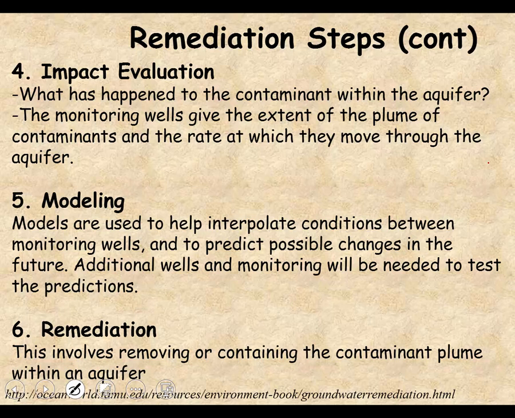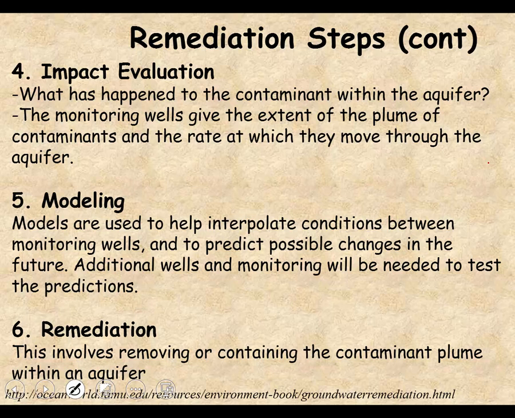Once you've figured out what the site is, you have to figure out where the area has been contaminated, the impact evaluation. How do you do that? Monitoring wells. You put a whole series of monitoring wells to calculate where the contaminants are and how fast they're moving. Now, ideally, you would make a model, and this model will first model the aquifer and aquitards, then it will model the fluid input, both with respect to the water and the contaminant.